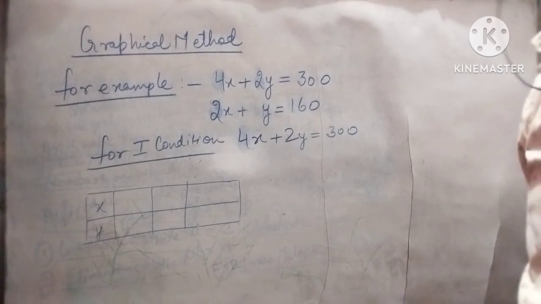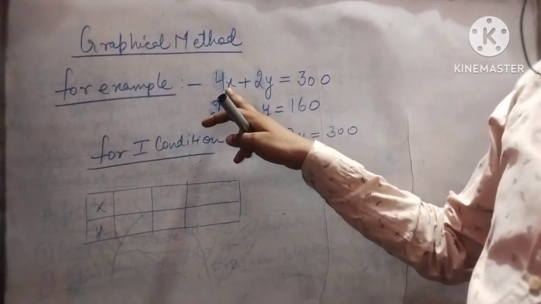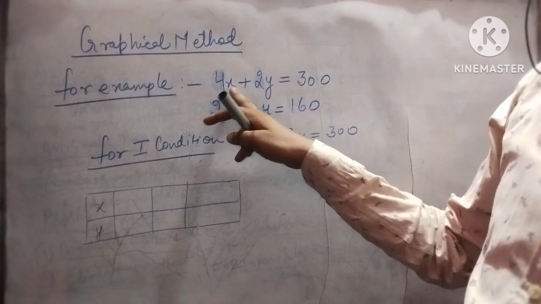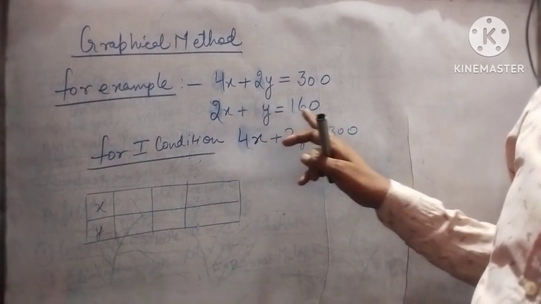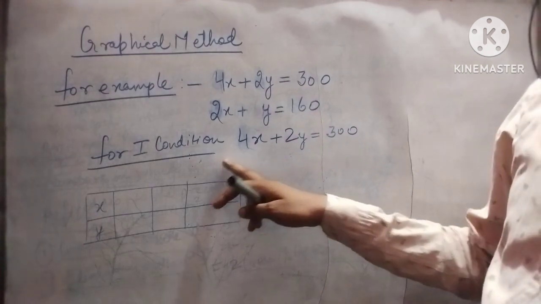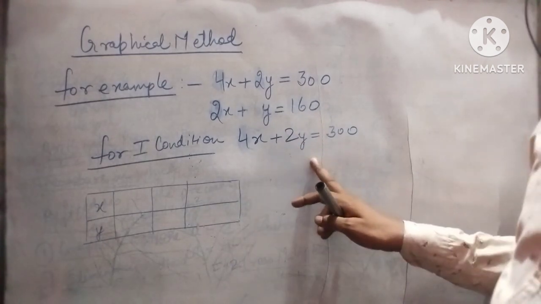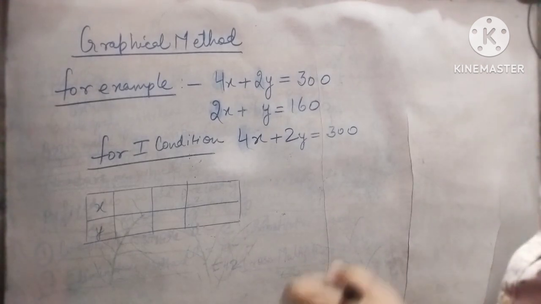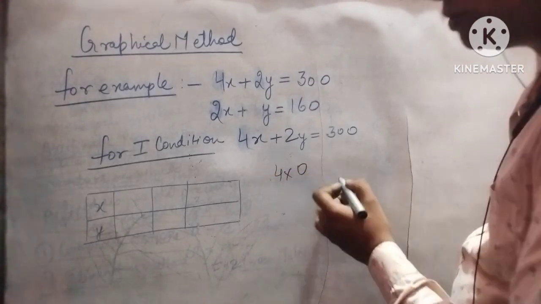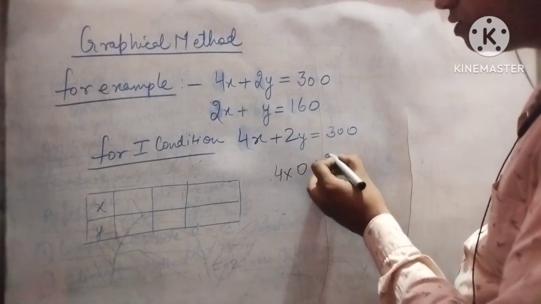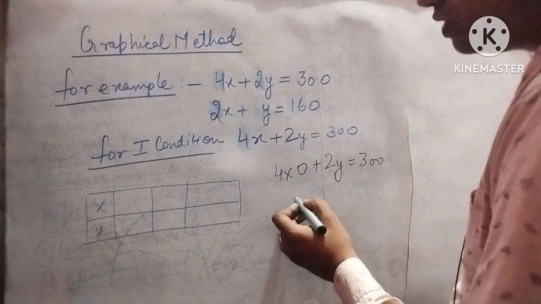So here we have considered two equations in two variables, that is 4x plus 2y equals to 300, and the other one is 2x plus y equals to 160. Now for the first condition we are going to find out the values for x and y. So if we are taking the value of x as 0, so 4 multiplied by 0 plus 2y equals to 300.